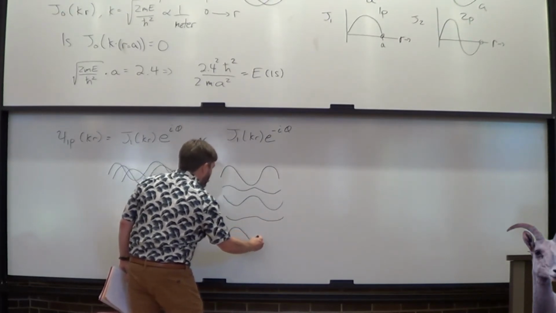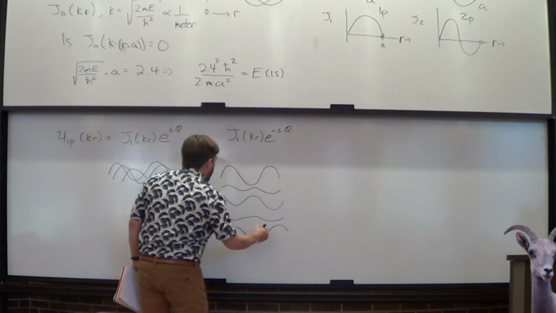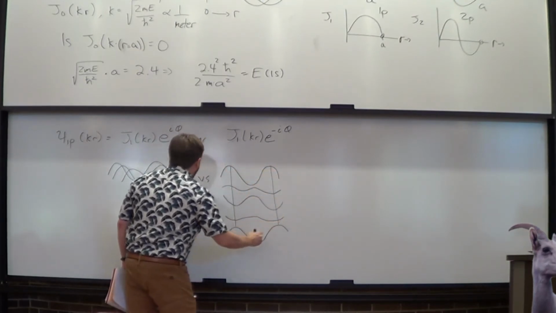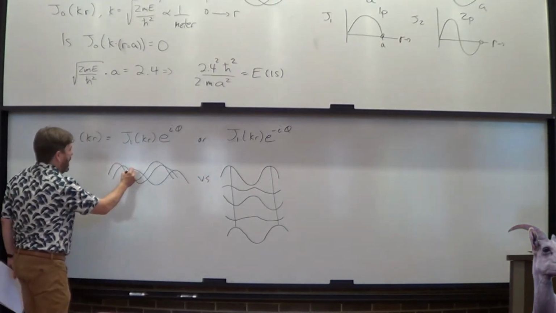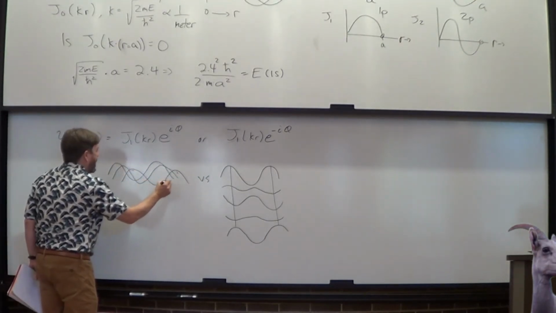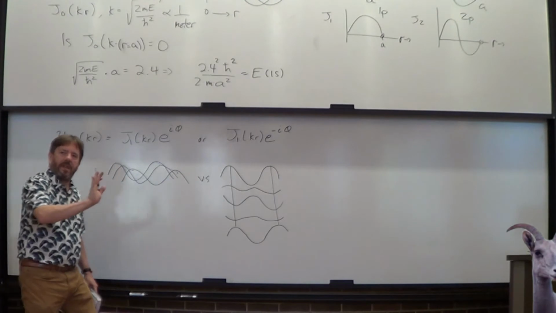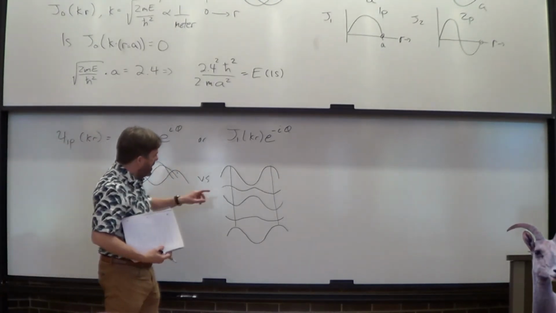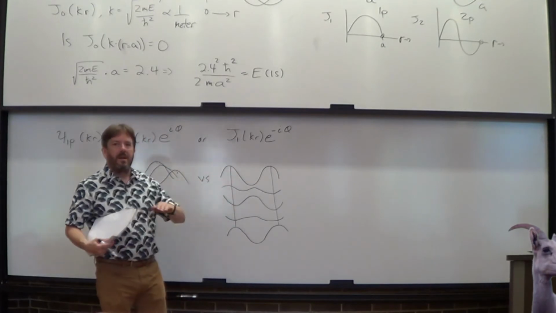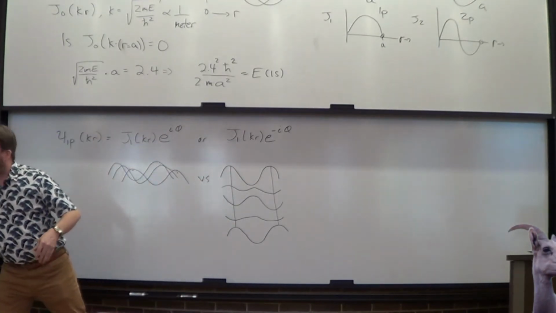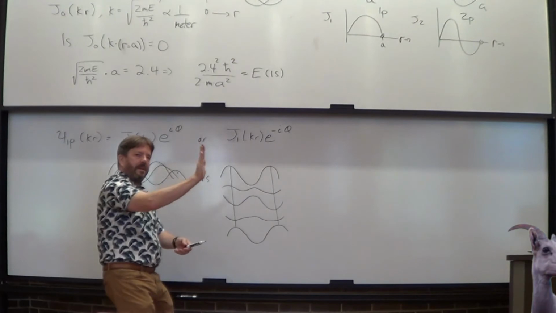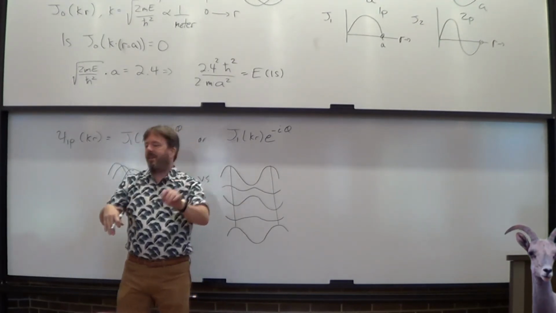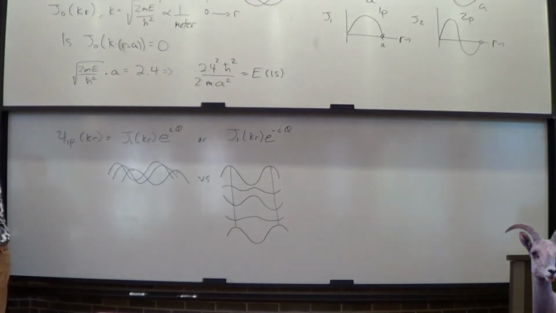Then it goes back. So the crest of the wave is always right here. In the traveling wave, you can see the crest kind of traveling. That's why we call it a traveling wave. Whereas in a stationary wave, the crest just stays put, instead of traveling. I think you can all visualize that.